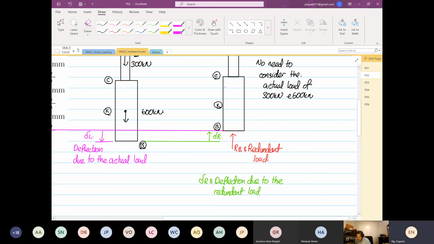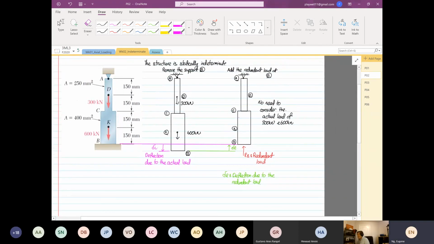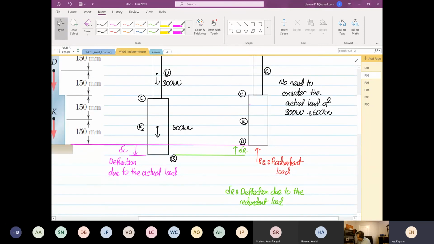So we're just going to push it back. So this is how we solve a problem of statically indeterminate.